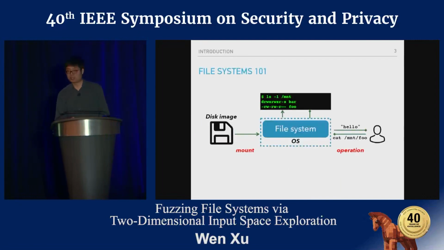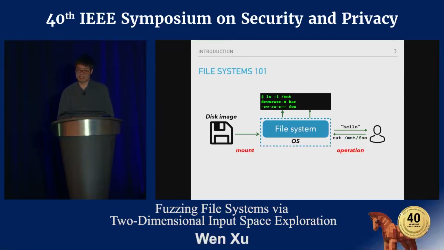So let's first talk about what file systems are and how users use them. Normally, we store the data on a disk image, and then we first need to mount it through the operating system where the file system module is installed.